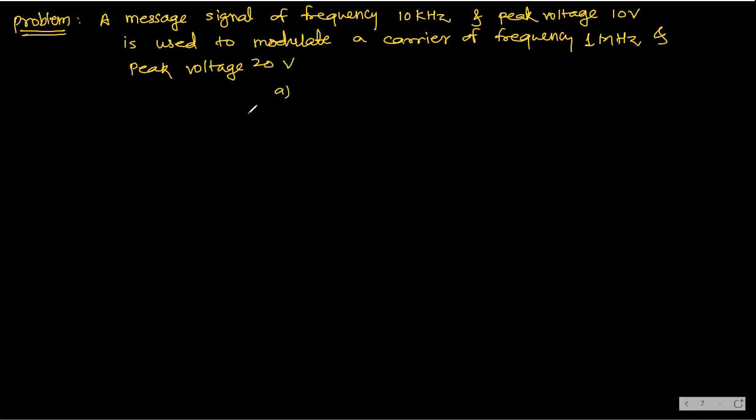Then what you have to do? Number one, find mu, and number two, or you say B, you have to find sideband produced. Sideband produced.